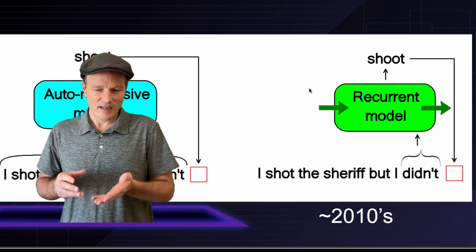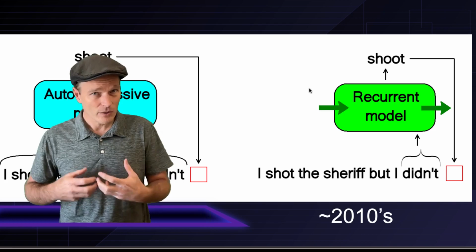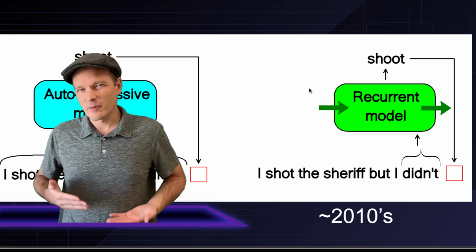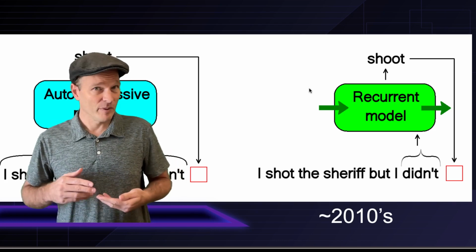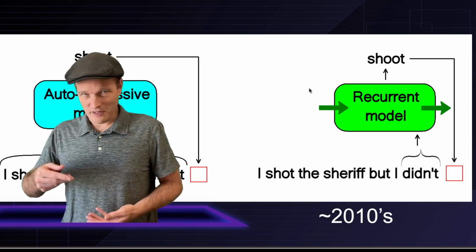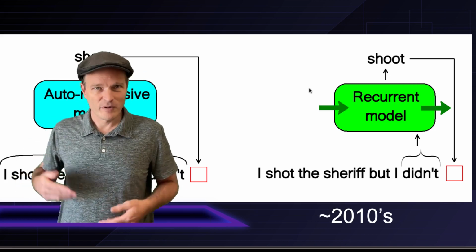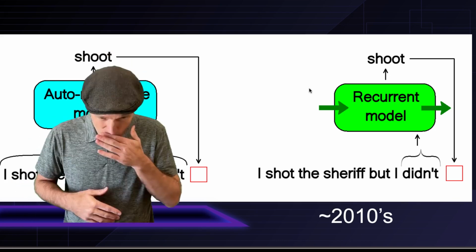That is, in this case, it will read the word didn't, but it will also accept as an input an encoding of what it remembers reading. That is something that encapsulates "I shot the sheriff, but I." Then it predicts the word shoot, which will append to our input. We'll move on to the next word and repeat until we've predicted the whole sequence.